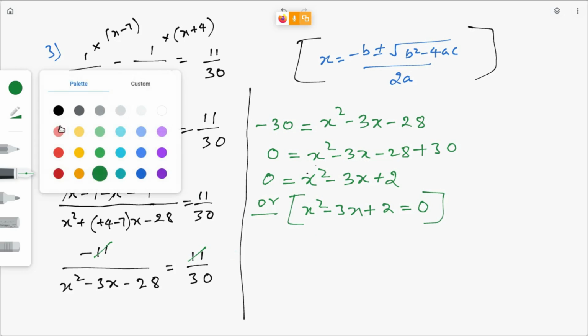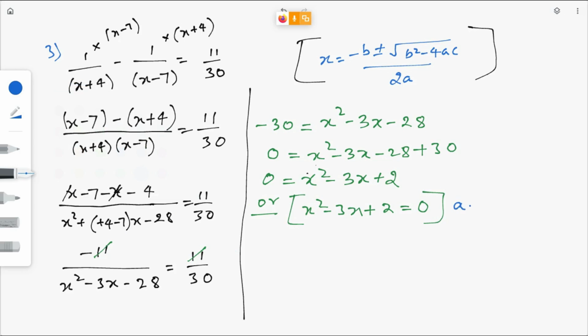So now take a, b and c from this. What is a? 1, b is minus 3, and c is 2, right? Or you can directly substitute these values here. Minus b, that is minus of minus 3, plus or minus root of b square, what is b?